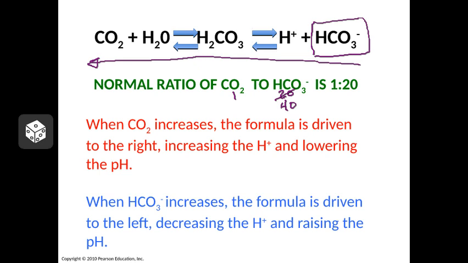In other words, this bicarbonate ends up picking up that hydrogen, and therefore the result is a decrease in hydrogen and an increase in pH. So when equilibrium is reached, if we started with 40 bicarbs, we will end up with 2 carbon dioxide at equilibrium.